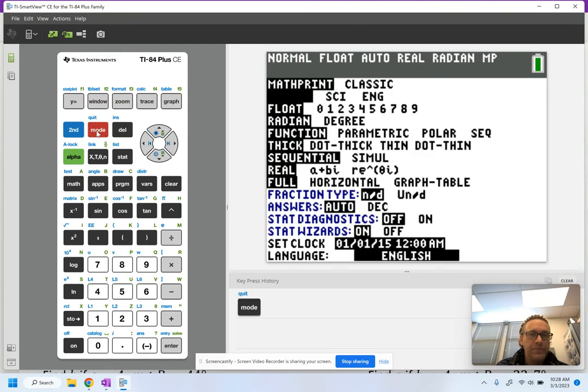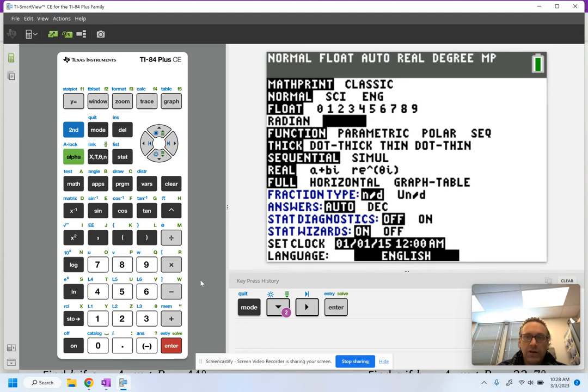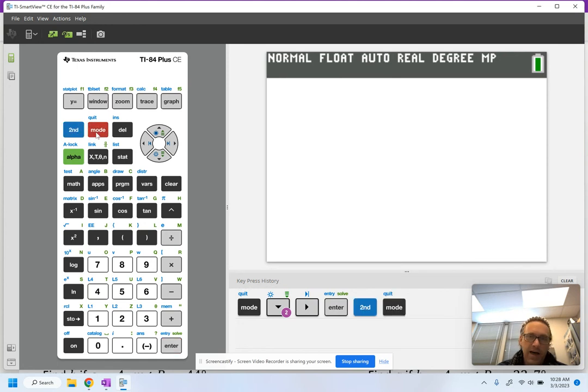If you click on the mode button, the default setting for angle measure is radian. So I'm going to move down until it's clicking on radian. Then I'm going to move over to the right to select degree, and I'm going to do enter. Now the degree is selected. And then I can just do second function mode for quit. Second function mode quits that menu.